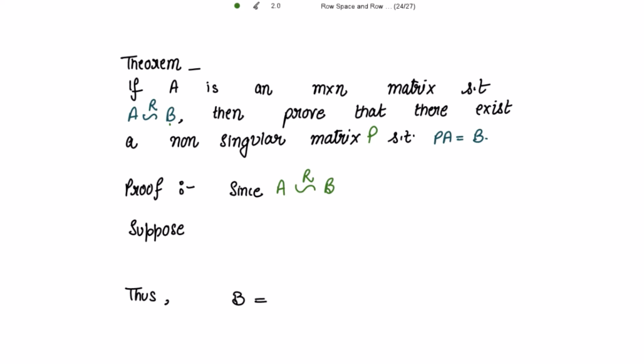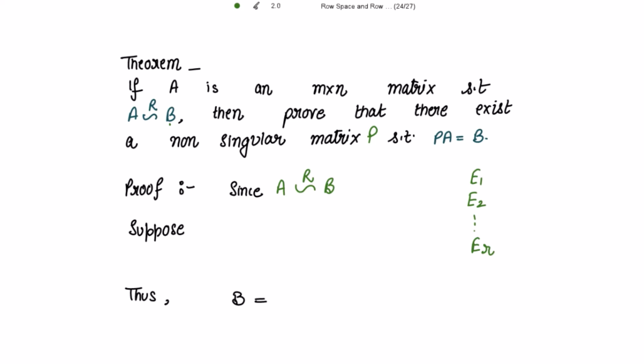For the first row operation we get the elementary row matrix E1. For the second row operation, I get the elementary row matrix E2, and so on. I get all the matrices up to ER, if the number of row operations I apply is R.